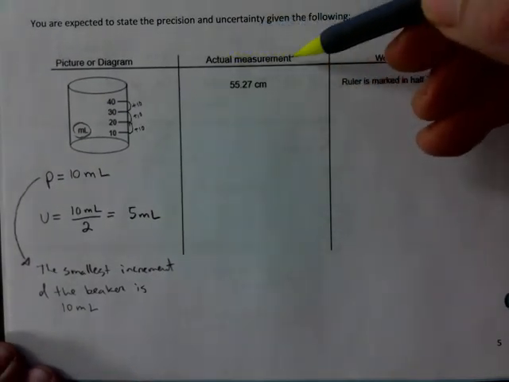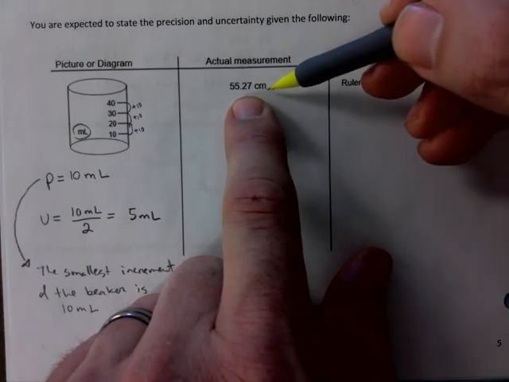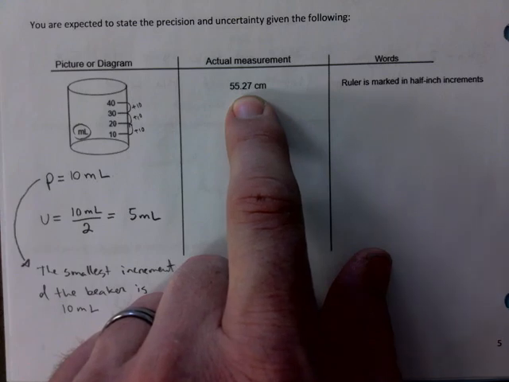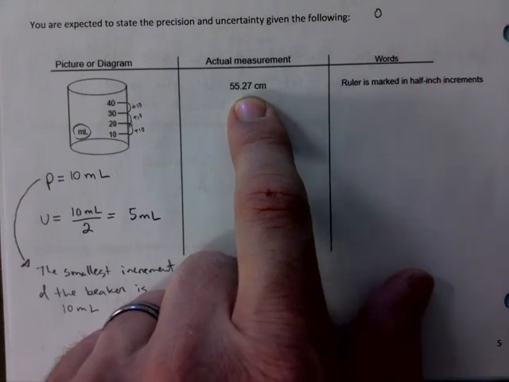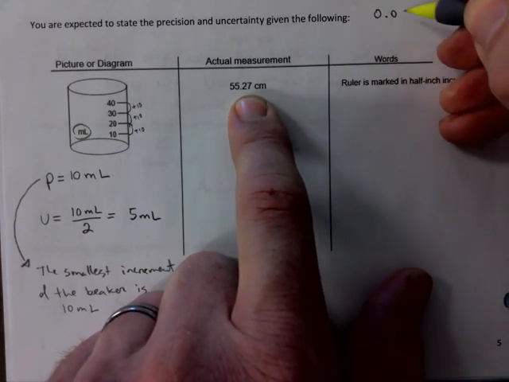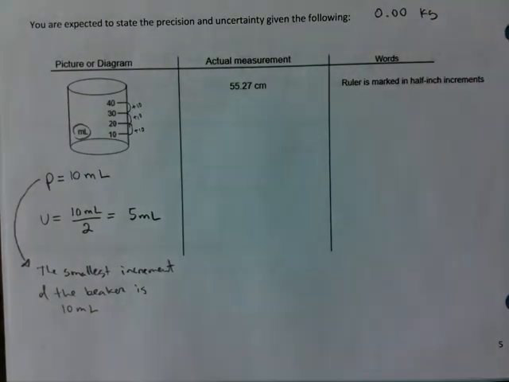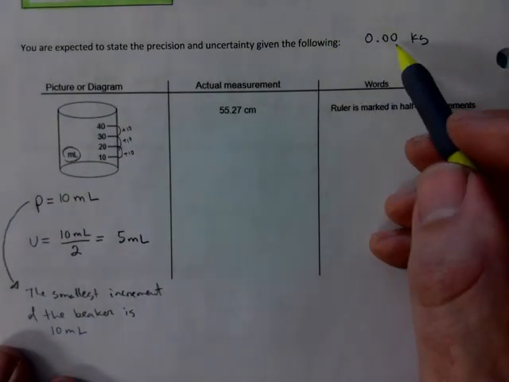How about this? Actual measurement. What is the precision of this? Let's put a pause on there. What would be the precision if I have a scale and my scale says this, like right now, I'm not stepping on it yet.